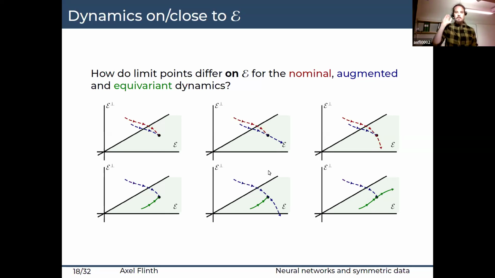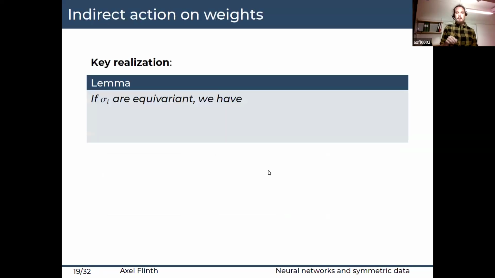Well, the most important realization is actually the following. If we make this general assumption that all my nonlinearities are equivariant, we have the following relation. Let me decipher what this says.